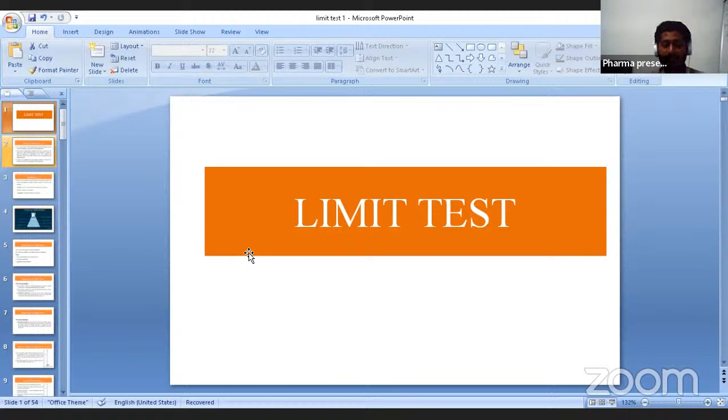It indicates that whatever component we are testing, like iron, chloride, or sulfate, is present at a higher level. So the sample will be discarded because it fails the test.